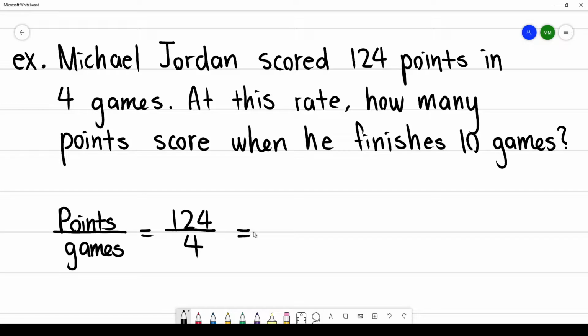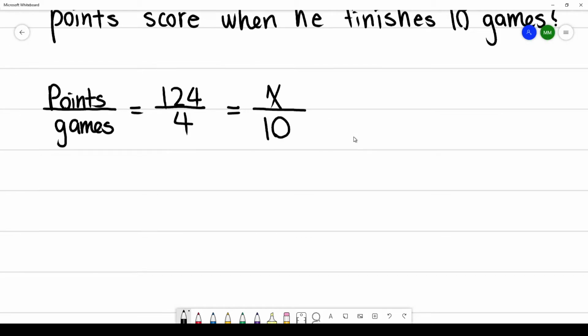And then you must have let x be the number of points he scored in 10 games, right? So then you cross multiplied. Well, I guess for Nobel, he just divided this out first. Oh, also good. Yeah, it's essentially the same thing.